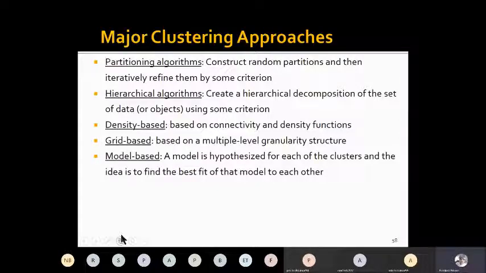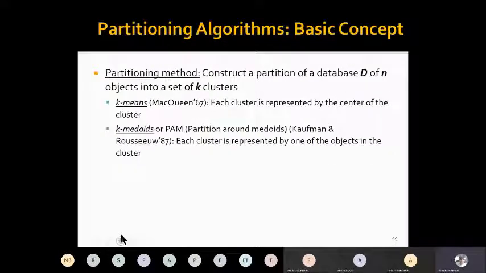Hierarchical clustering, on the other hand, does a hierarchical decomposition of the set of data. And then there are other clustering algorithms like density-based, grid-based, or model-based, of which model-based we will briefly discuss today in one or two slides in the form of the expectation maximization algorithm.